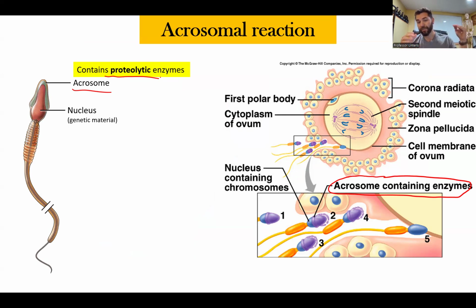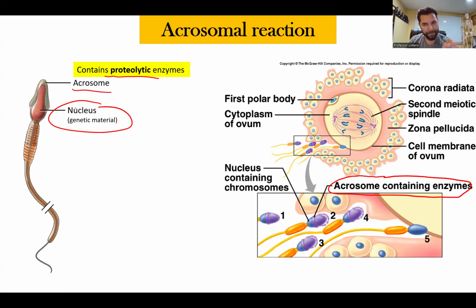Once the sperm hits, these enzymes more or less dig their way through these layers of the corona radiata and the inner zona pellucida. That is called the acrosome reaction. It is important so the sperm can get inside and deliver its genetic or nuclear material, right?